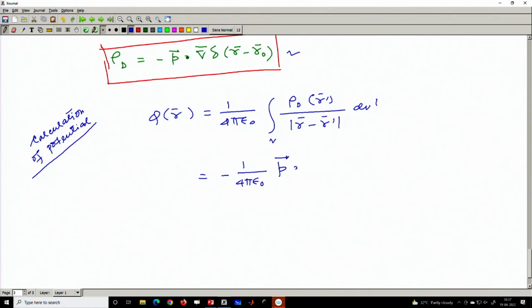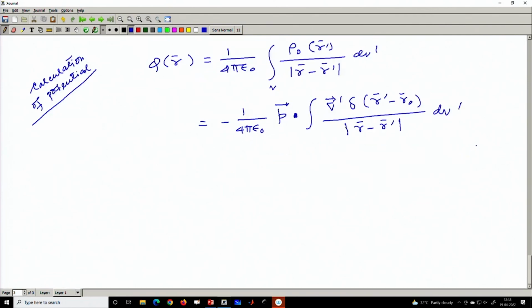So, I can take it outside, dot, and then after that we have this integration, and this is over r prime, the operator should be primed, and then delta function r prime minus r 0 divided by r minus r prime, and dv prime, okay, over the entire volume.